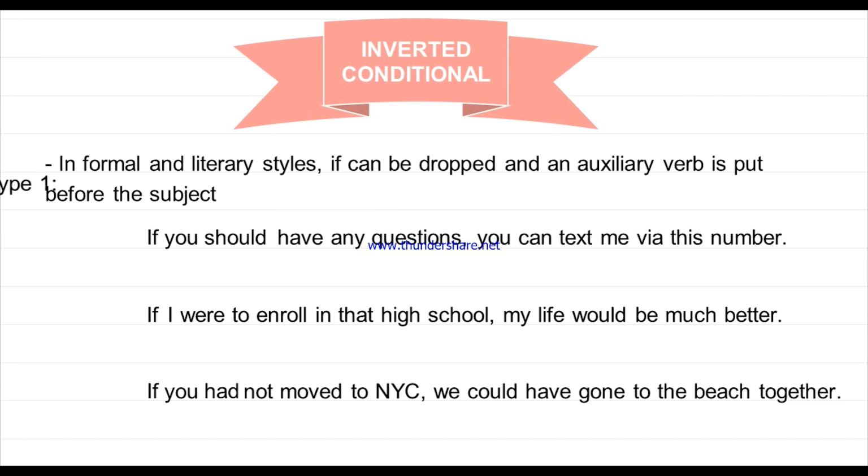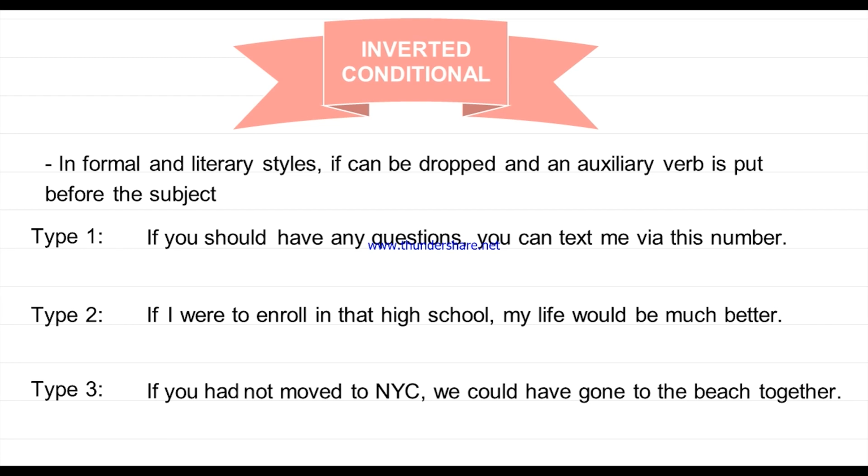So, in formal and literary styles, if can be dropped and an auxiliary verb is put before the subject, and it is used to emphasize the condition or the if clause. You see on the screen here we have three examples belonging to each of type 1, type 2, and type 3.